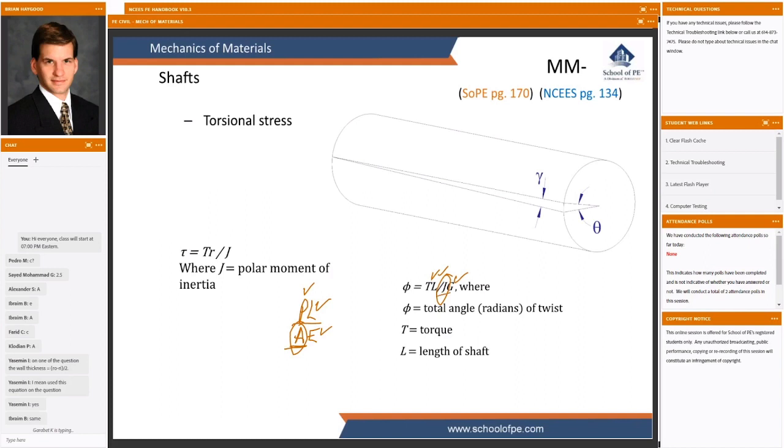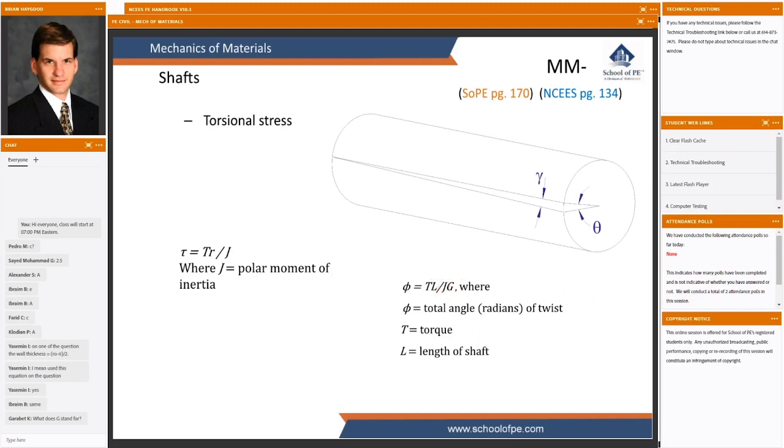J is the polar moment of inertia. During our dynamics class, we took a look at mass moment of inertia, because that applies in the dynamics class. And then from there, we stepped back and found that oddly in the statics section of the book, they discuss area moment of inertia, even though we never use it there. We only use area moment of inertia here in mechanics of materials.